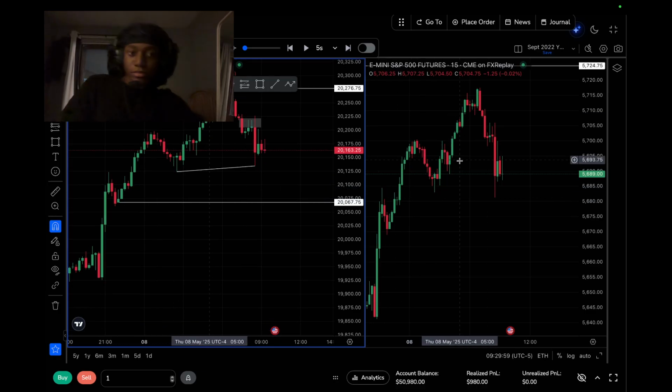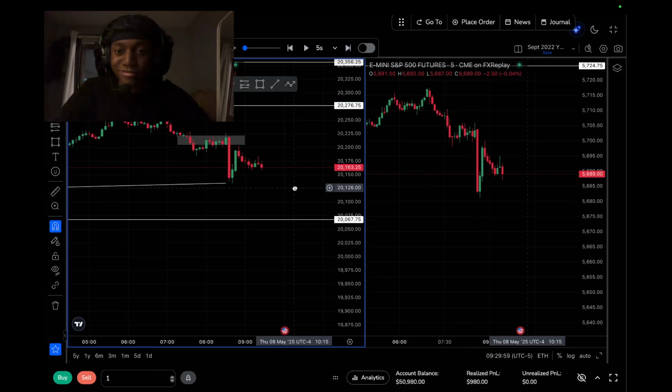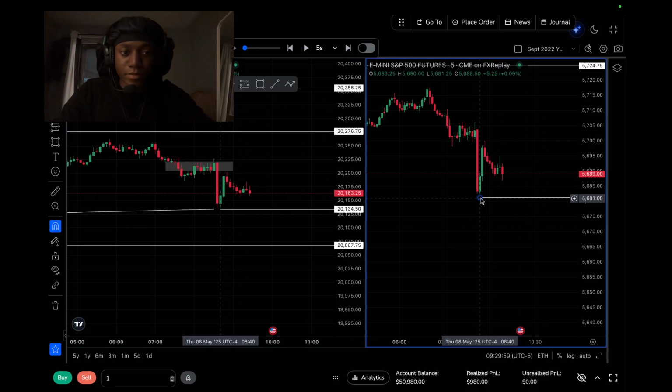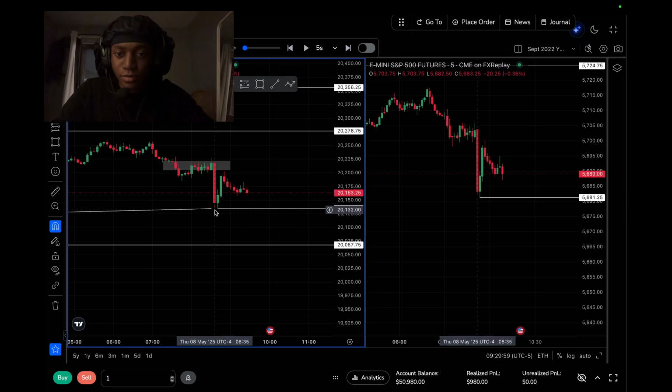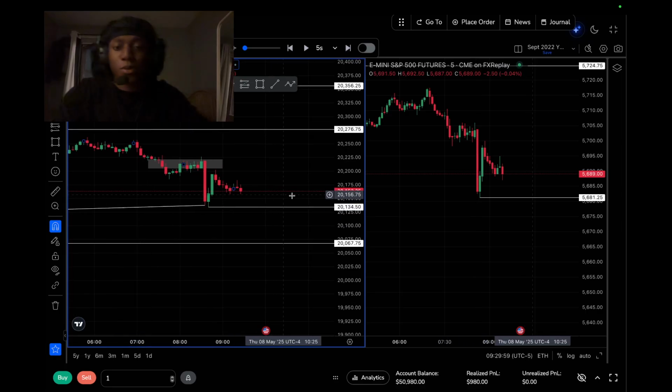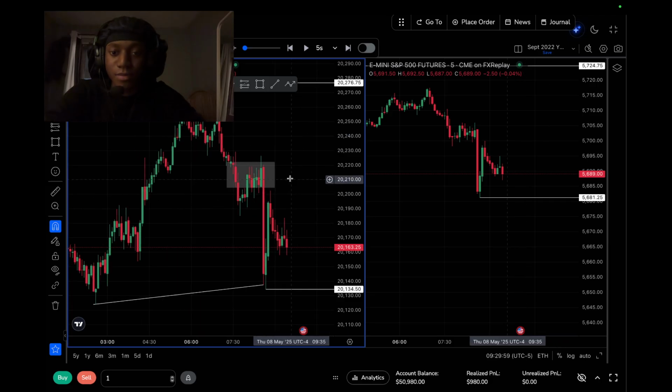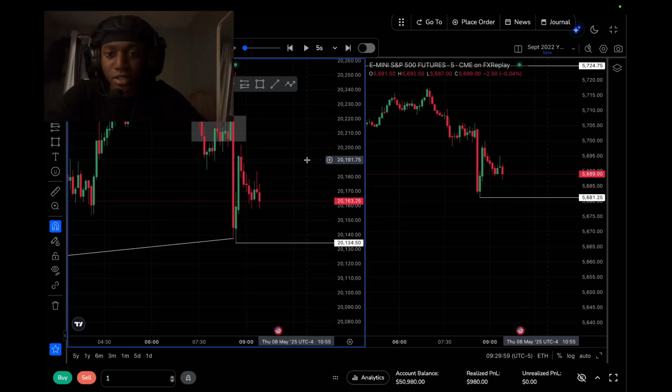Yeah, not much else for me to say here, to be honest. 5-minute, I'll mark this low here. We are making lower highs and lower lows, you can see. So we're in a clear downtrend, but again, let's see, because anything can happen.